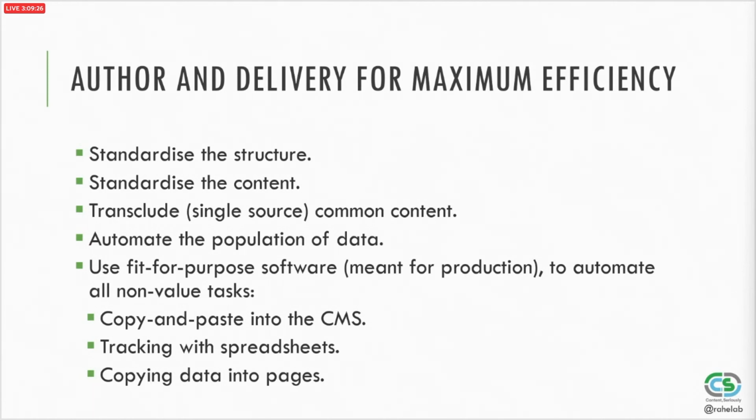And I'm saying fit for purpose software because we wanted content that's meant for production and not just word processing. So we wanted to be able to automate all the copy paste, all the tracking with spreadsheets, and all of the data, because there are data points that are being shown in the content, but they're being typed in instead of brought in from the data sets.